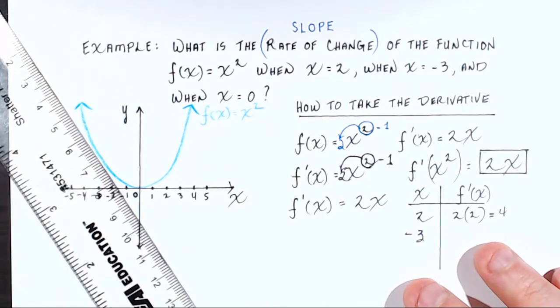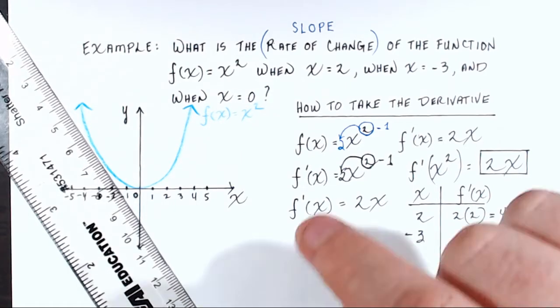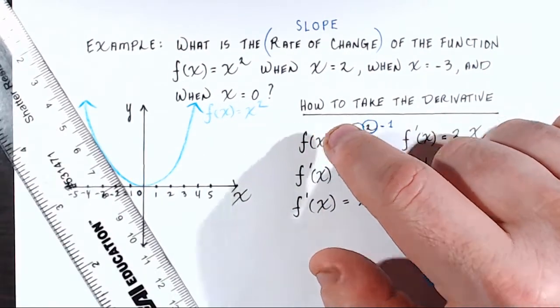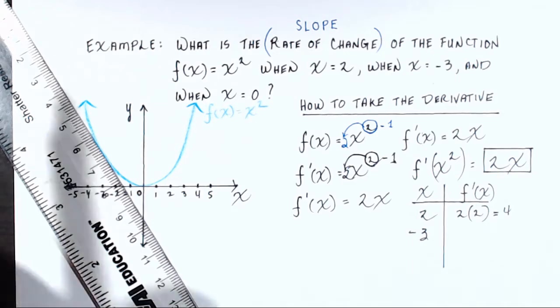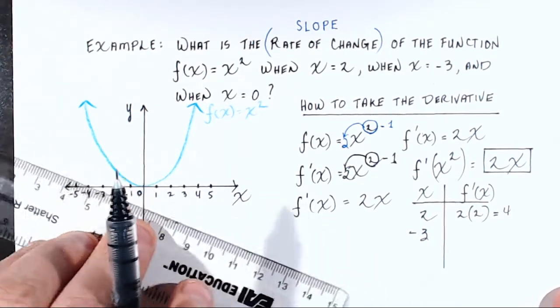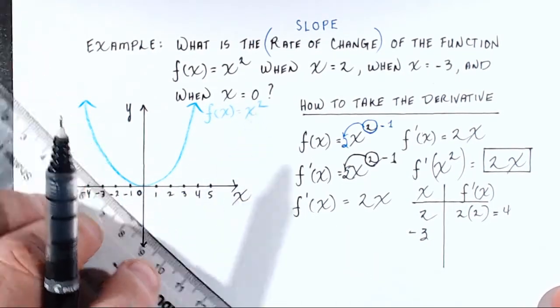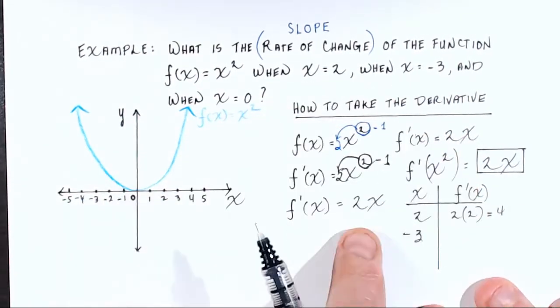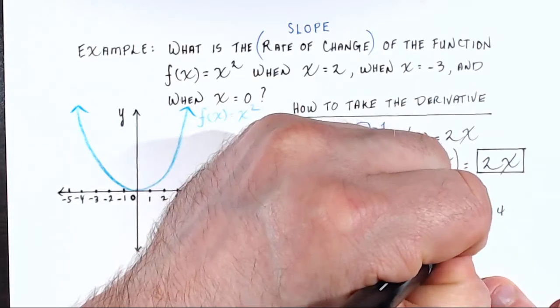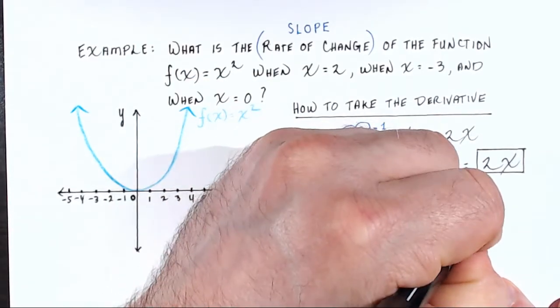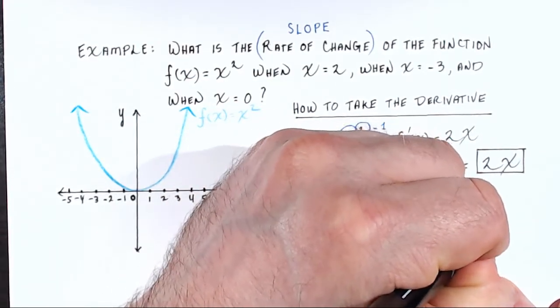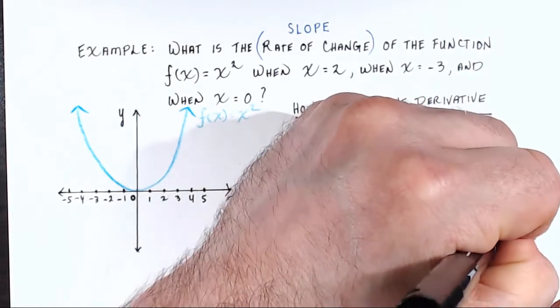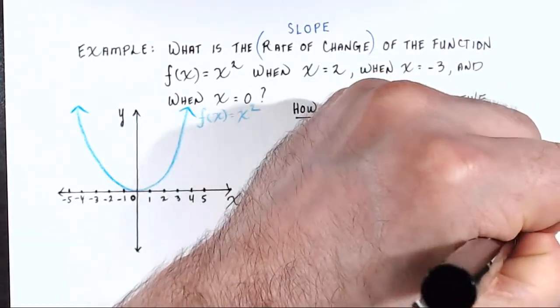I'm anticipating that I'll have a fairly steep negative slope. See that? Just using the ruler, you can tell you're going to have a fairly steep negative slope. So let's see what the derivative tells us. I'm going to put 2 times whatever x is, in this case, negative 3. 2 times negative 3 equals negative 6.